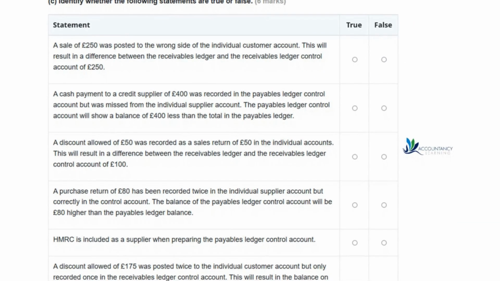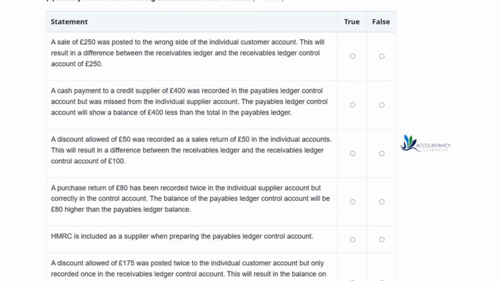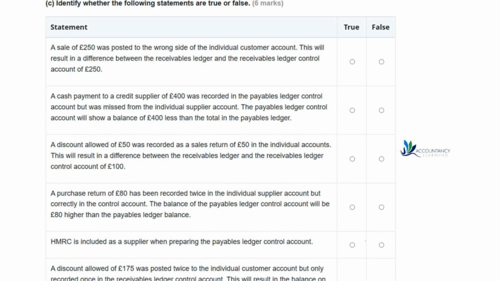Now we need to identify whether these statements are true or false. A sale of 250 was posted to the wrong side of the individual customer account. This will result in a difference between the receivables ledger and the control account of 250.